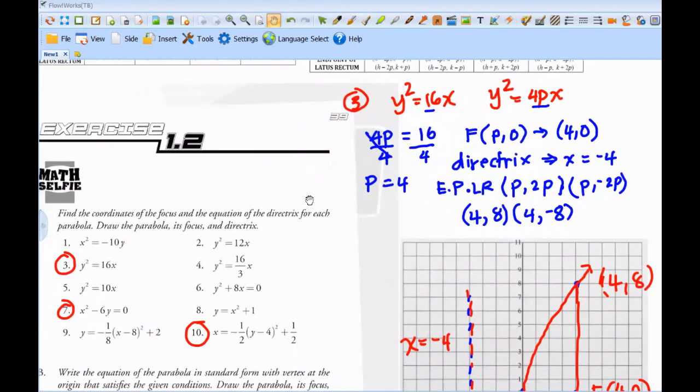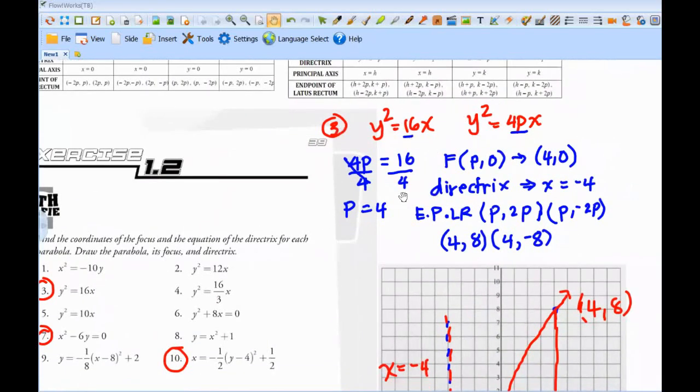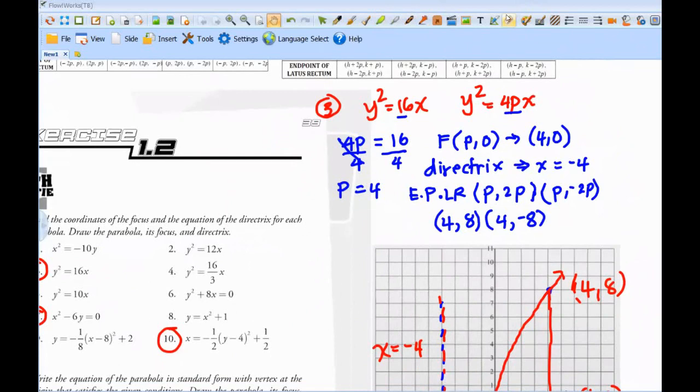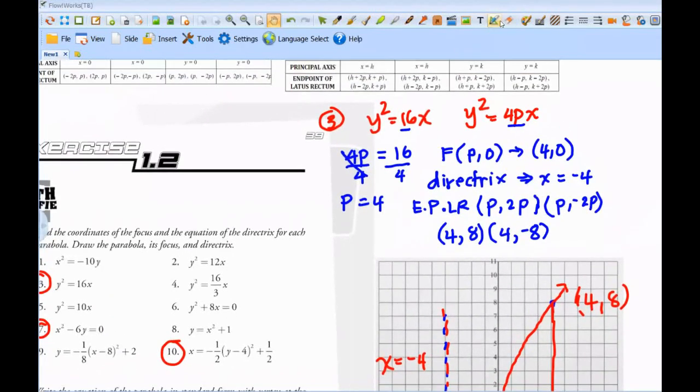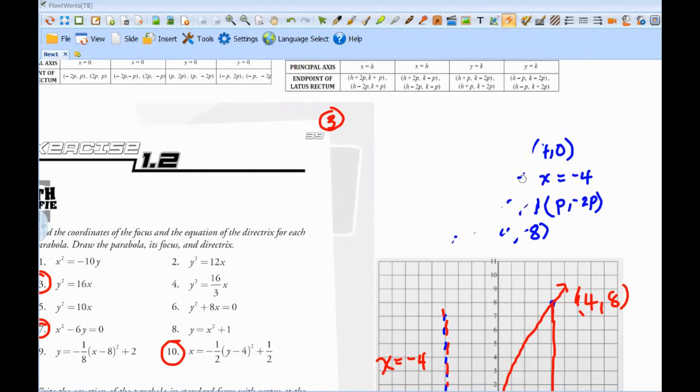Now let's go to number 7. x squared equals 6y. So I should erase this. Our format should be on each case, so definitely you have to look at the given so that you can know which case you will be going to use.